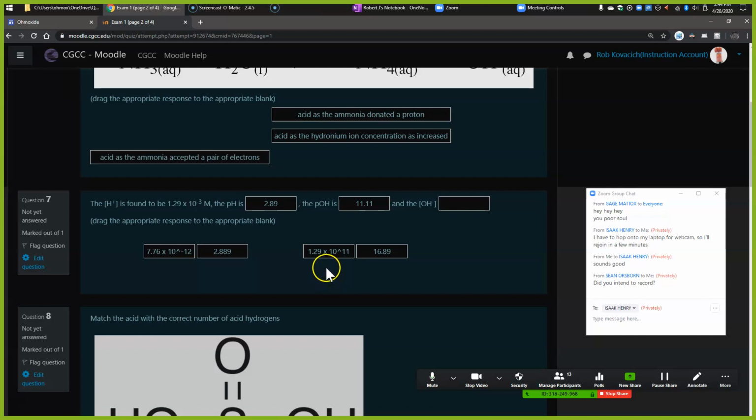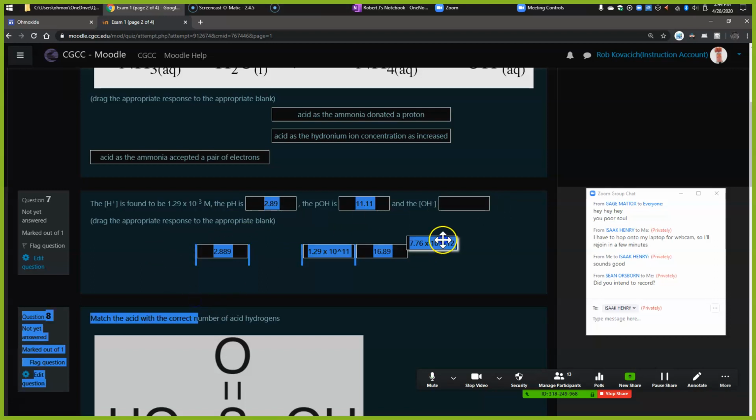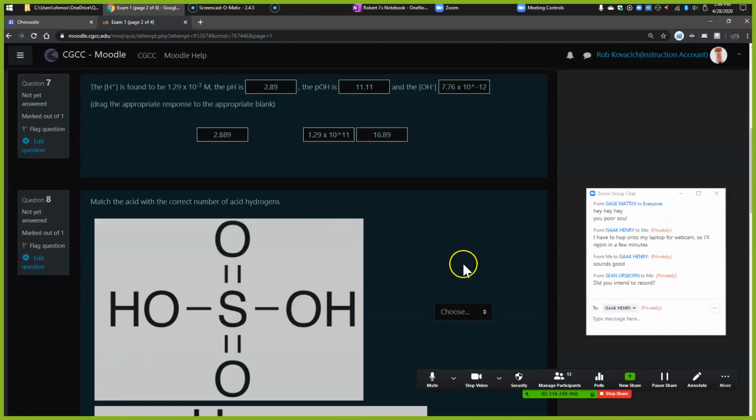That's reasonable. What else would you have dropped in there for the pOH? I don't know. It felt like it was a trick. Gotcha. Is this to the 11th? Yeah. No, because then it would be 10. No, it's 12. Yeah, it was to the negative 12.